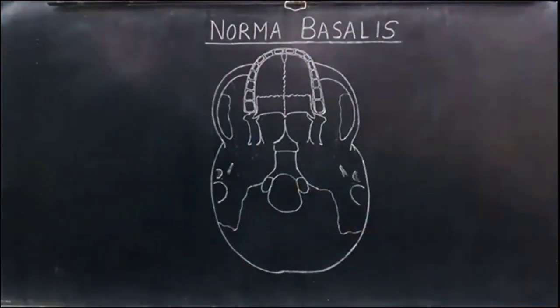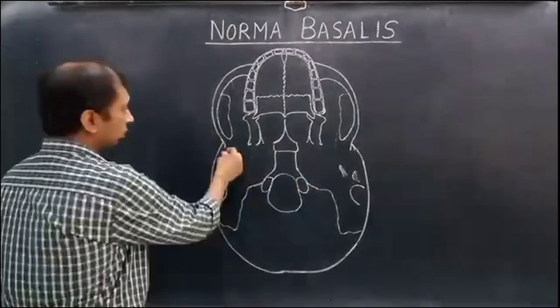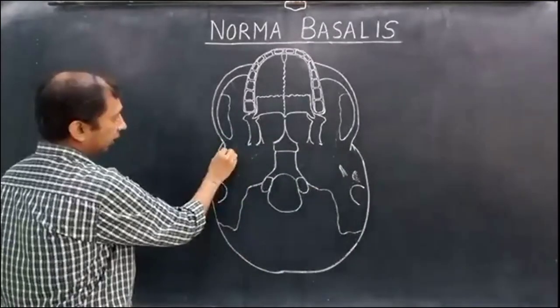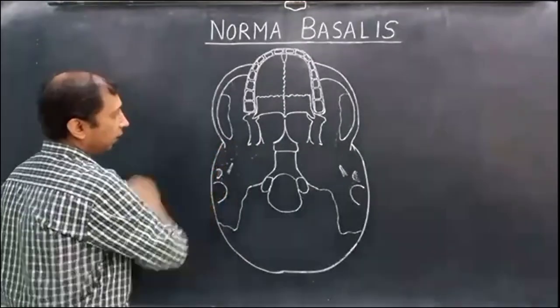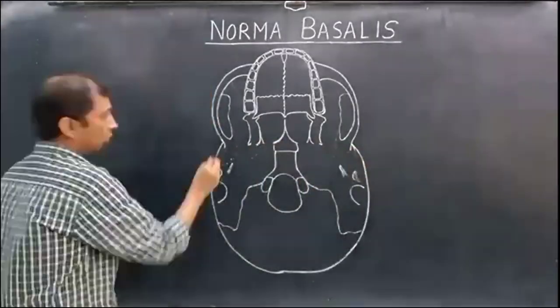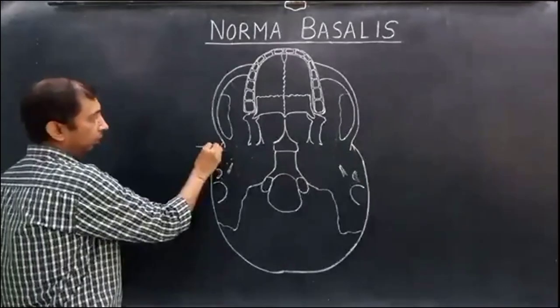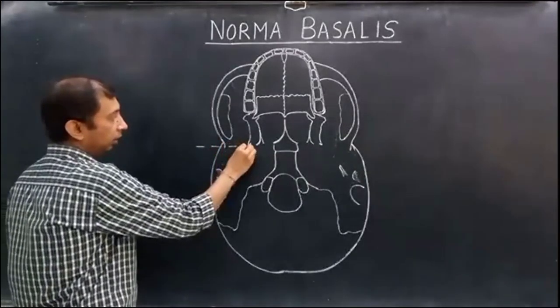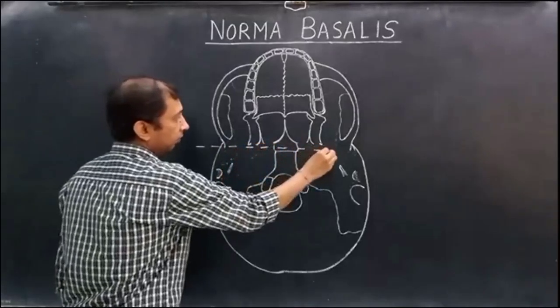So in this diagram of the Norma Basalis, here is the mandibular notch. This is the mandibular fossa, right? So the anterior imaginary line will be a line drawn somewhere like this.